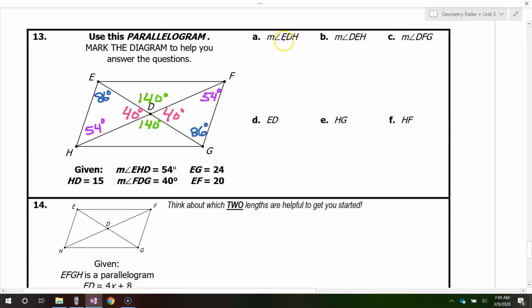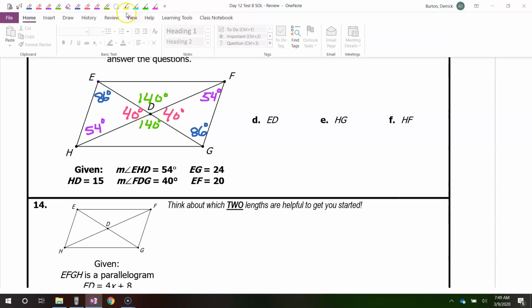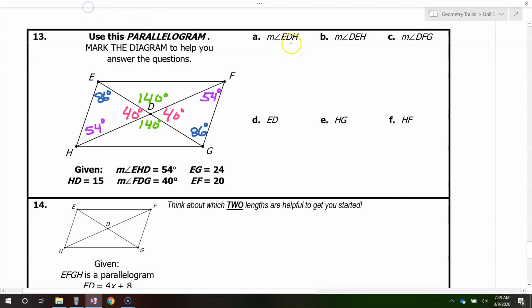Angle EDH is this angle right here, and that is 40 degrees. Angle DEH, that's 86 degrees.